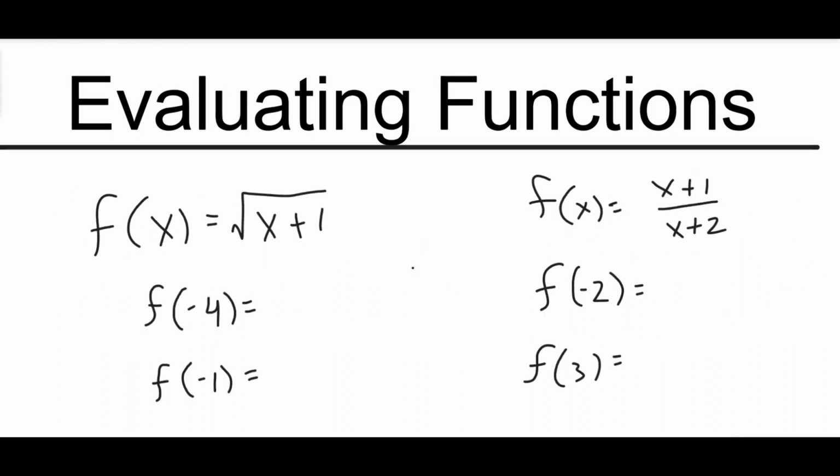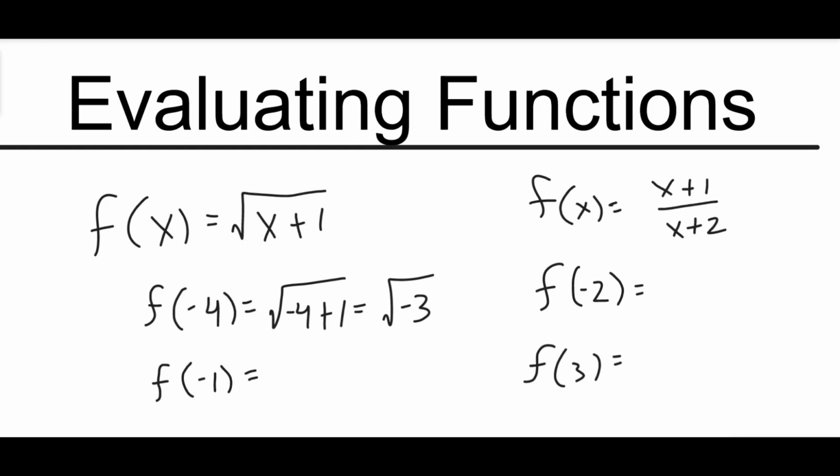Let's look at some more examples. f of x equals the square root of x plus 1. What is f of negative 4? So again, we're replacing x with negative 4. And this gives us the square root of negative 3.